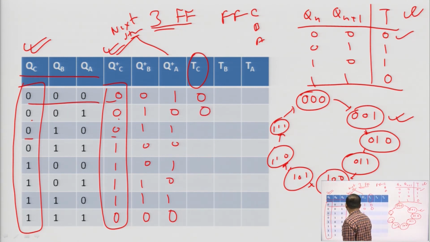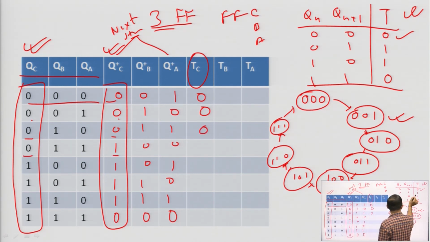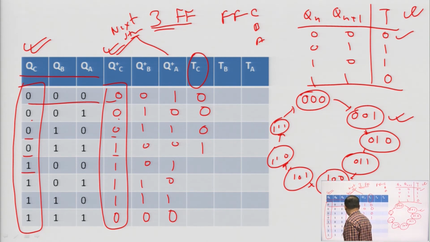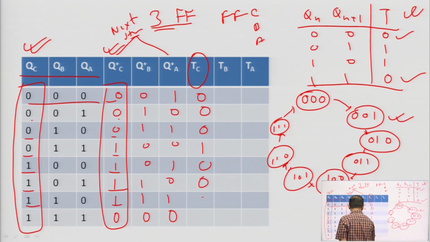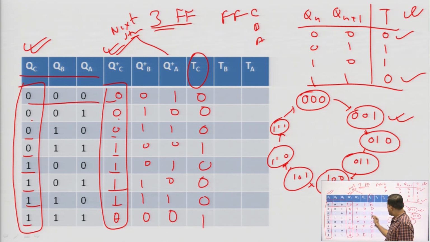Now, 0 1 will be having T as 1, 1 1 will be having 0, and 1 0 will be having 1. So, the final is 0001, like that TB also will be like this, 01 01 01 01. You can check like this.